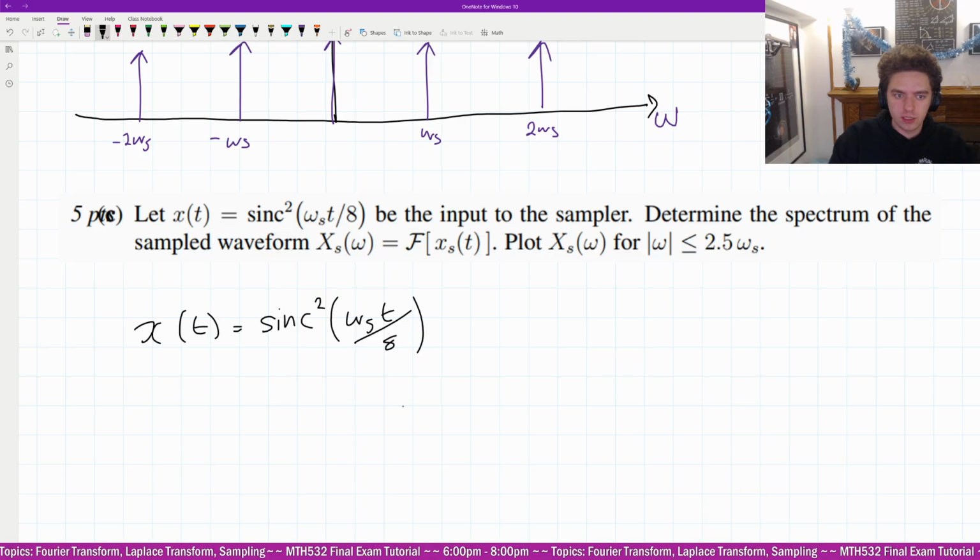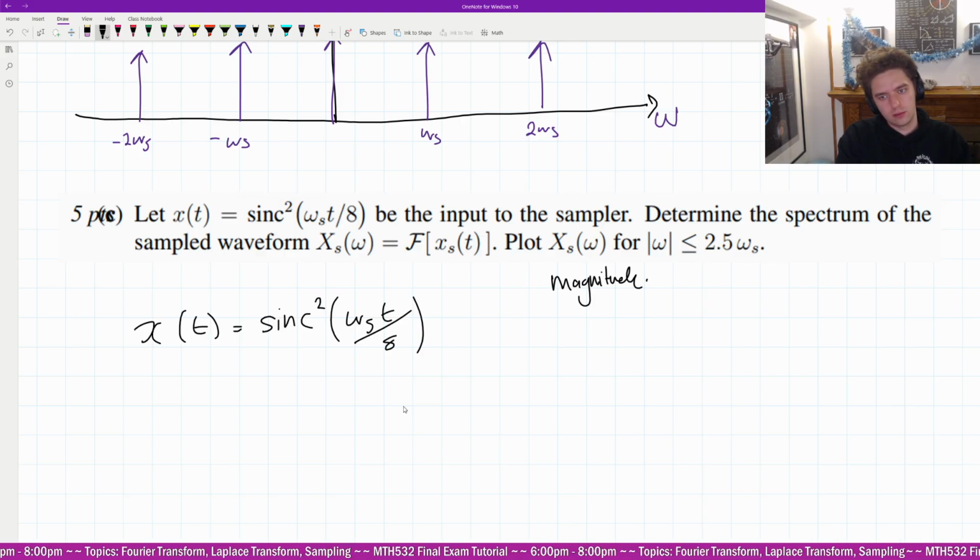Determine the spectrum of the sampled waveform, X of s, which is the Fourier transform of xs. Plot the Fourier transform, so the magnitude, is what they mean, for omega between negative 2.5 and 2.5 omega s.